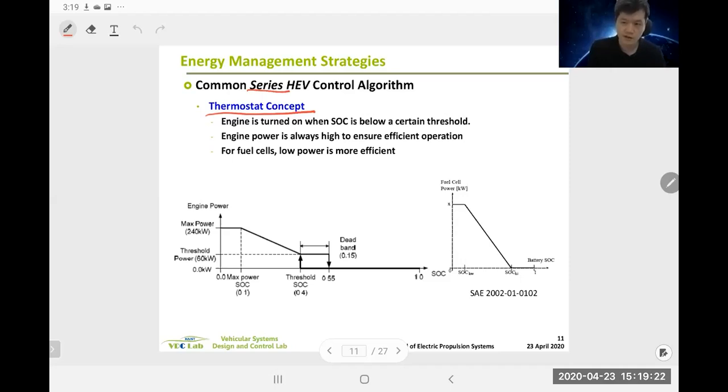That's a lot of loss, in addition to all of the power having to go through the generator and then the motor. The battery also has efficiency, it's not 100%.